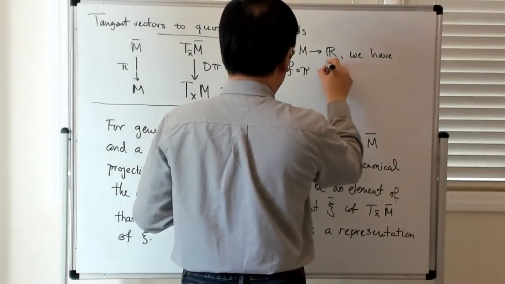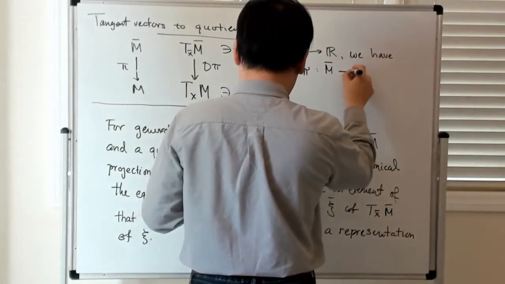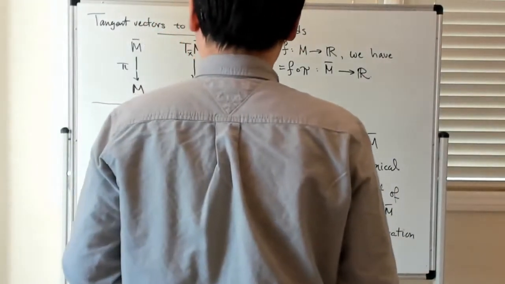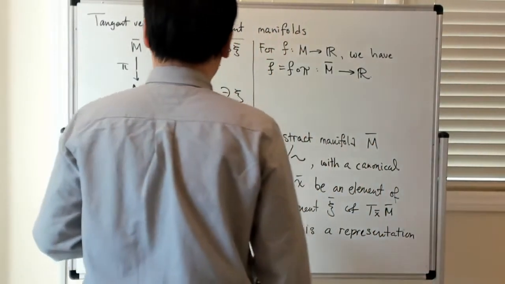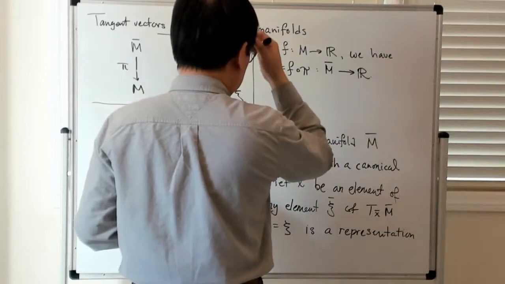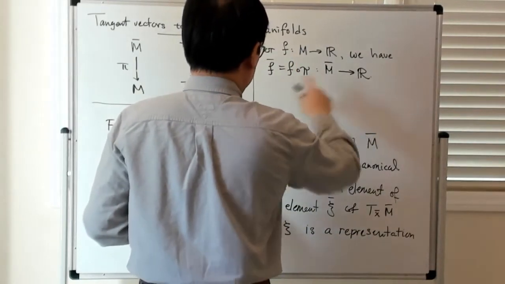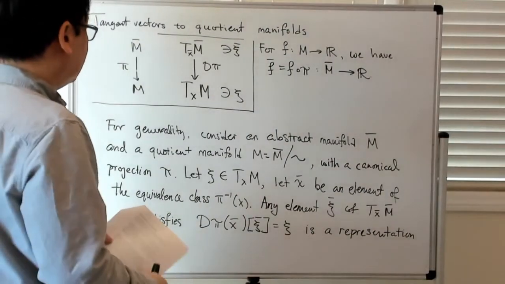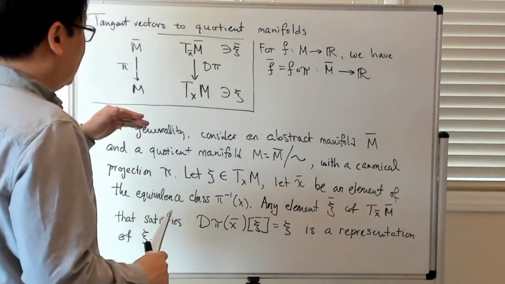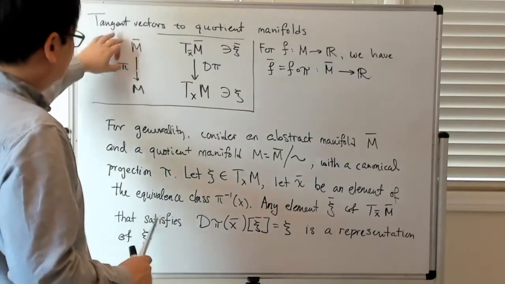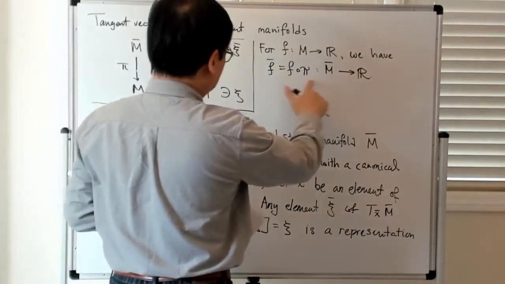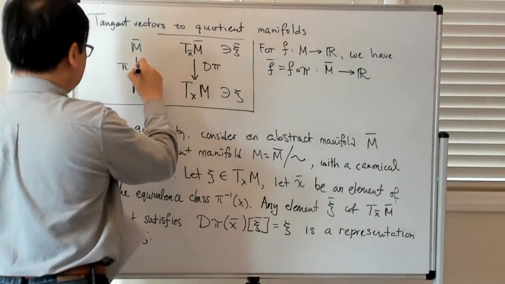Which is a map from M bar to the reals. Okay, so this is sort of an invariant extension, if you will, of f to the full space, right?